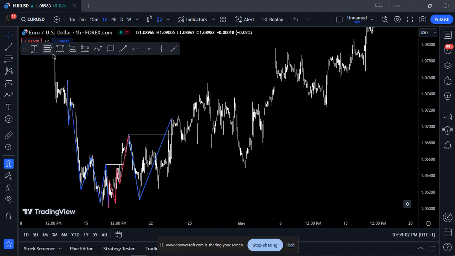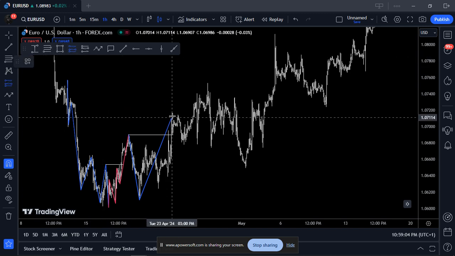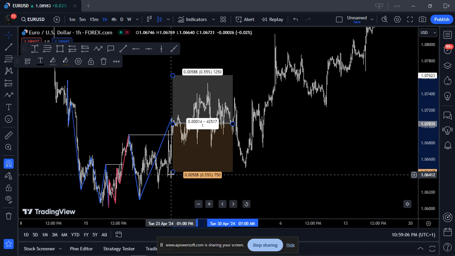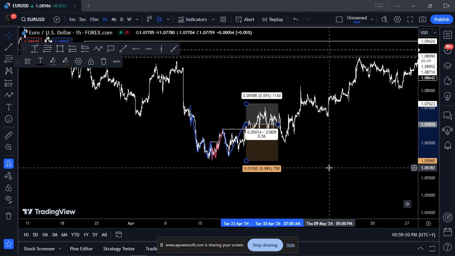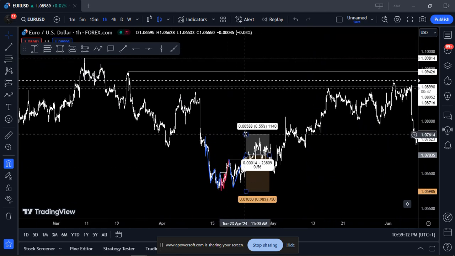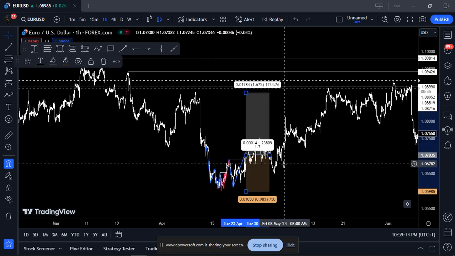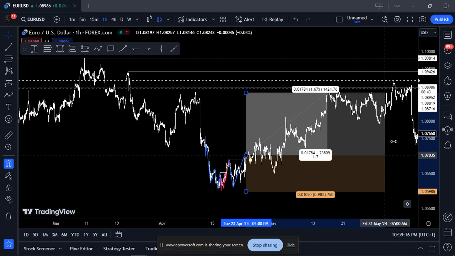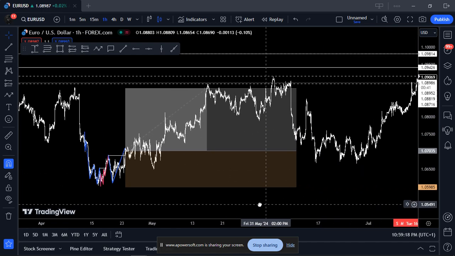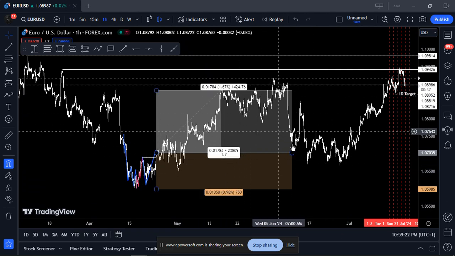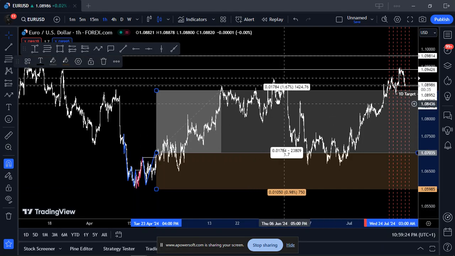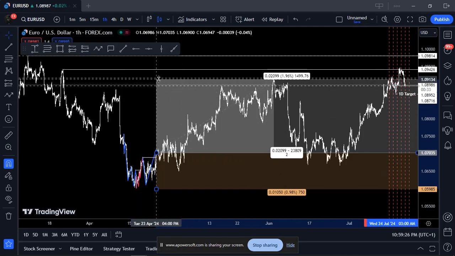Let's say you want to long. You see, money made 1.7 if that's what you want. If you want something more, it's still going.